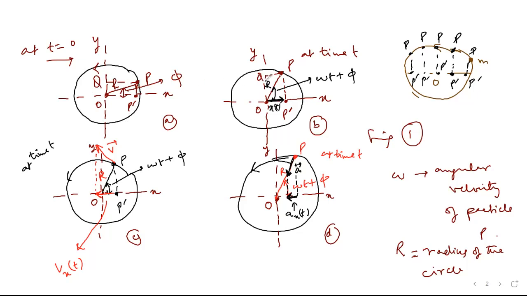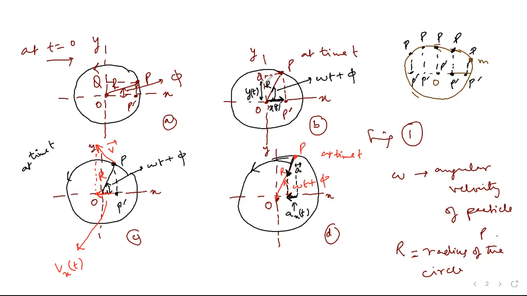This Q, the projection of P on the y-axis, is also executing simple harmonic motion. If I call this distance y of t, which is the projection of OP on the y-axis, it will give me the position of Q, right?